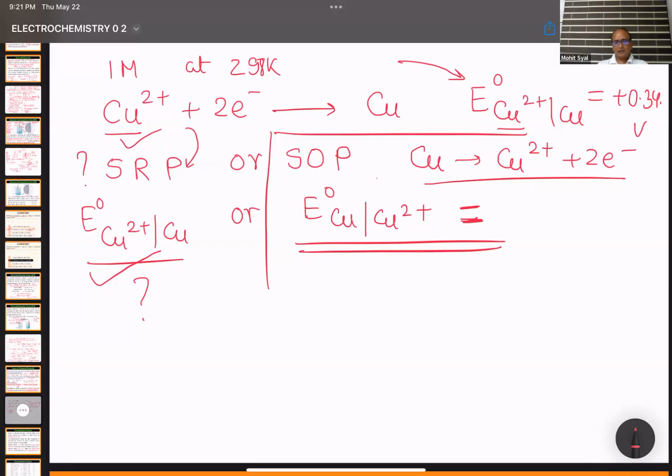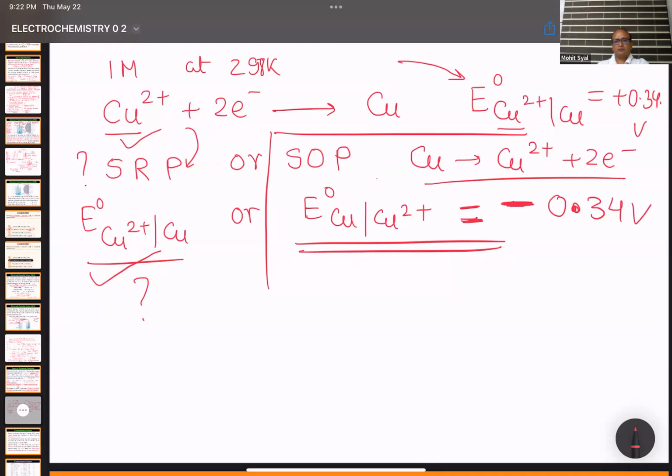So it will be the same in magnitude but opposite in sign. Opposite in sign. Minus 0.34 volt. Is that clear?